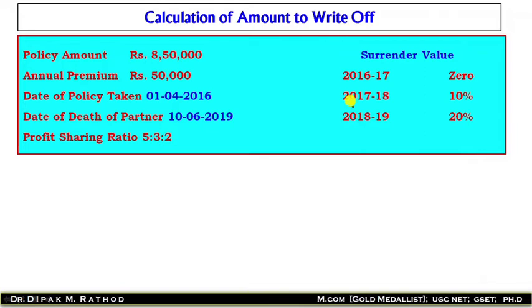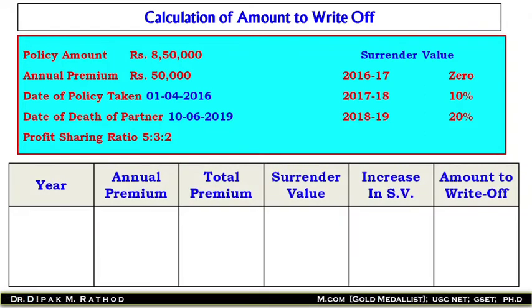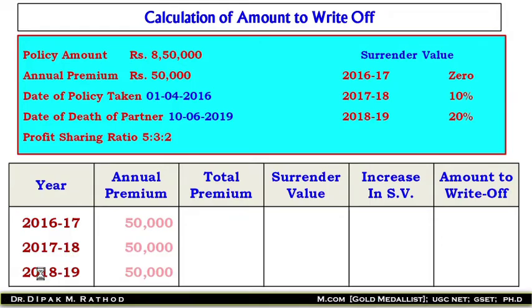On the basis of this, we have to find out amount to be written off. So here we are having information of 3 years, 2016-17, 2017-18 and 2018-19. Annual premium is given at 50,000. Total premium for first year 50,000, plus 50,000 is 1 lakh, plus 50,000 is 1,50,000.